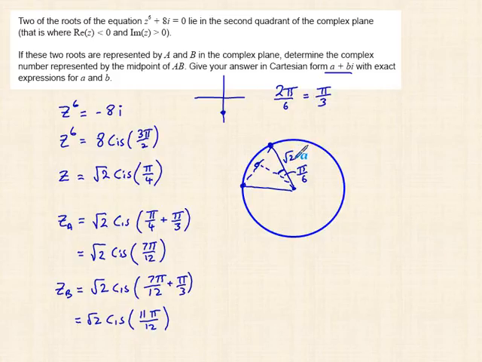Now we know that this length is root 2, and this is a right-angled triangle, so if I just call this D for the moment, then we know that cos pi by 6 would be equal to D over root 2. Cos pi by 6 is root 3 over 2, so that's equal to D over root 2. So it follows that D is equal to root 6 over 2.